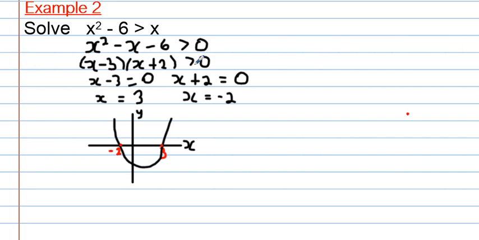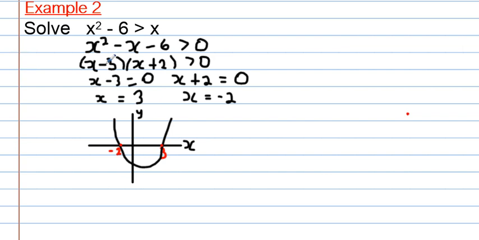Minus 6 is not more than 0, so it cannot be that region. Now let's try this region. If x is 3, let's see if 3 is included. If I put 3 in, that'll be 0 anyway.